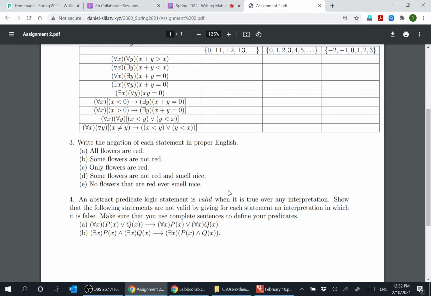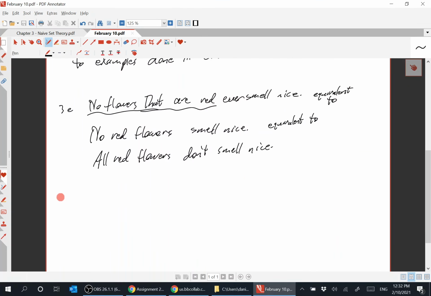These are both implication statements. How do you make an implication false? The hypothesis is true, and then the conclusion is false.